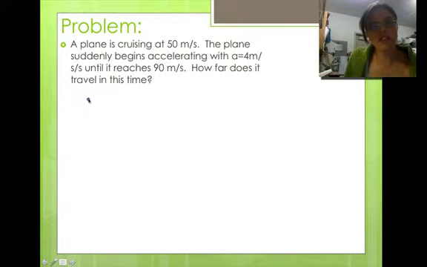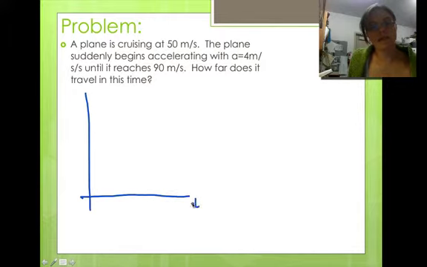Velocity time graph. Velocity in meters per second. Time in seconds. We start at 50, we end at 90.